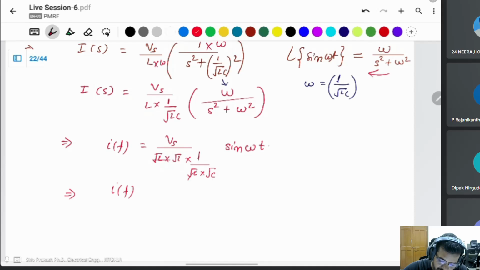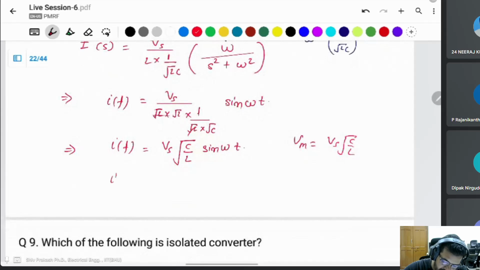Root of L cancels out, and C goes to the top: Vs root of C by L sine of omega t. We take Vm as Vs times root of C by L, so this equation is Vm sine of omega t.